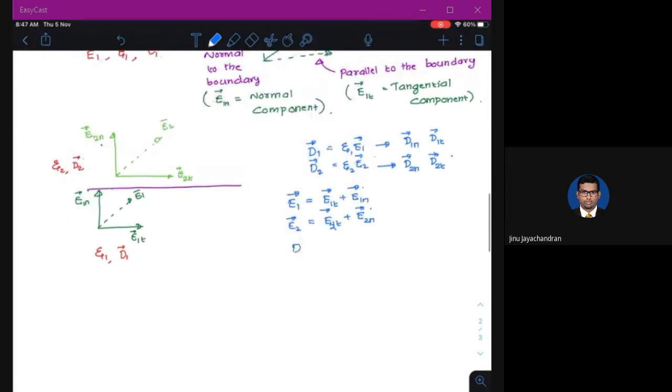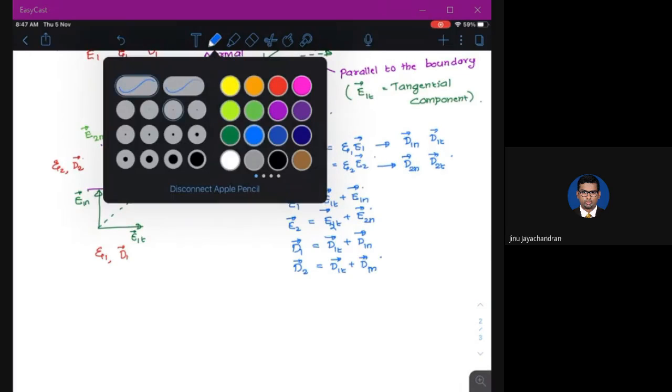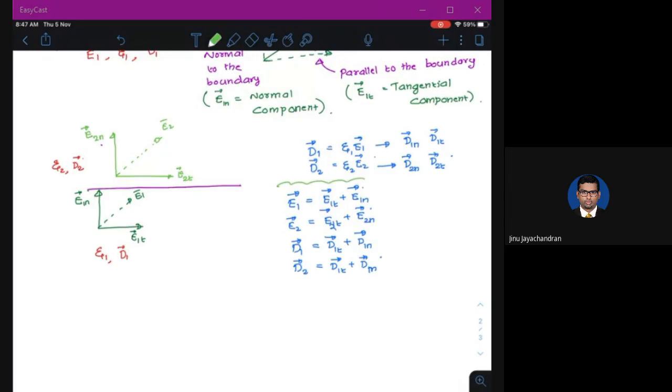I can write D1 as the sum of its tangential component and its normal component. Similarly, D2 as sum of its tangential component and its normal component. And this is the one which we are going to make use of.